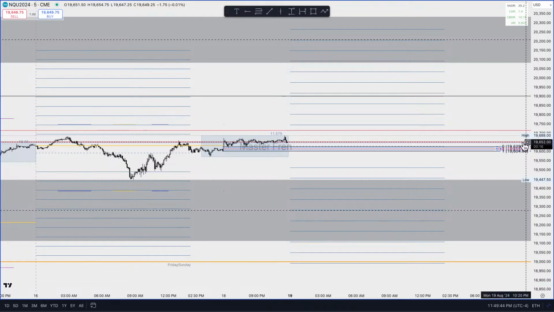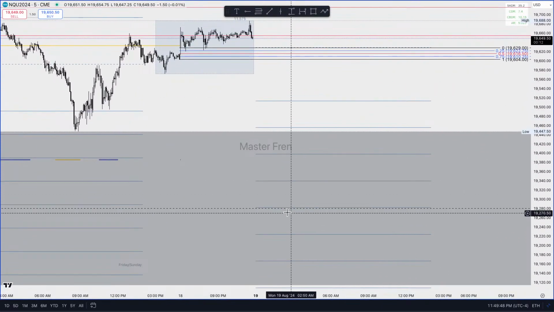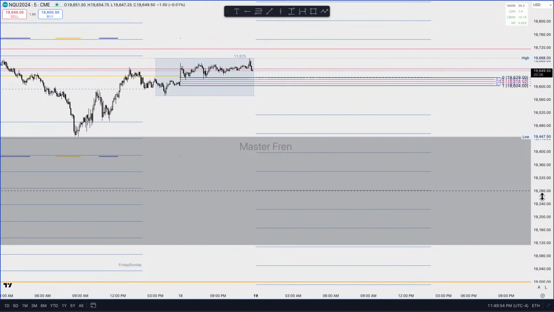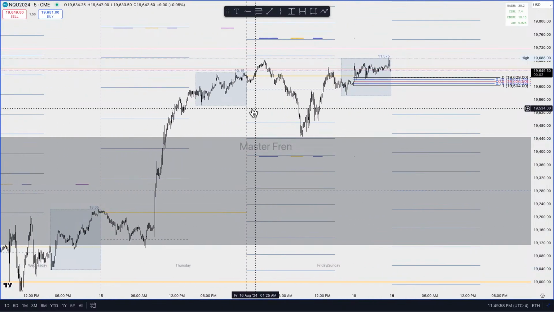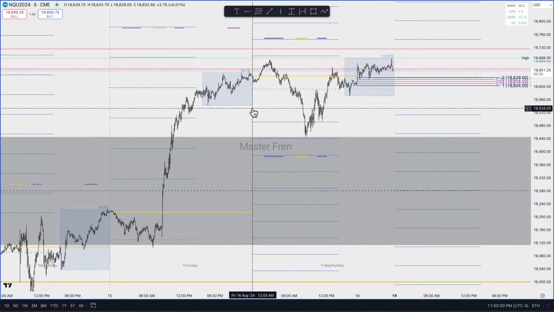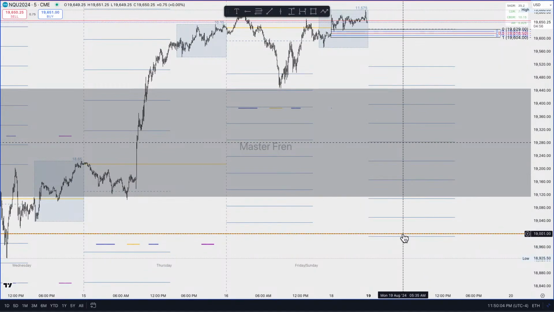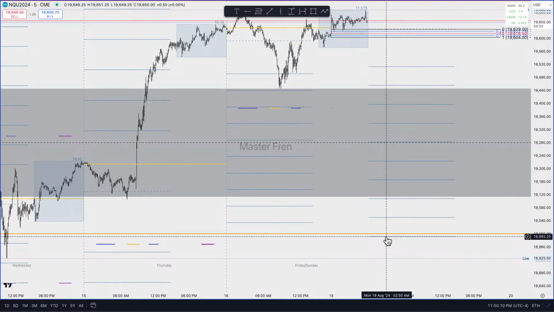I am looking for PD arrays that align with them. Okay. So right away, I got a deviation that aligns with the midway point of that fair value gap below the market. That could be the bottom of the week if we're bullish. Okay. I'm not saying it is. I'm saying it could be. Our reclaimed order block, remember when we refined it in the 4-hour, it was just down a little bit more? That could have been it.